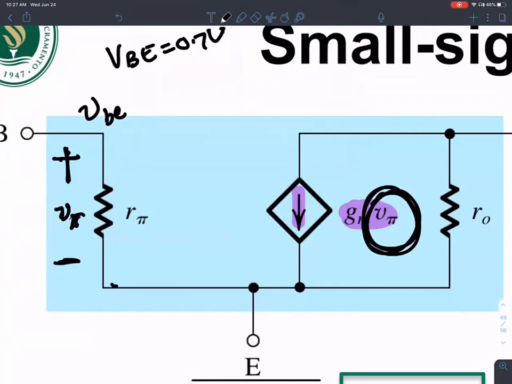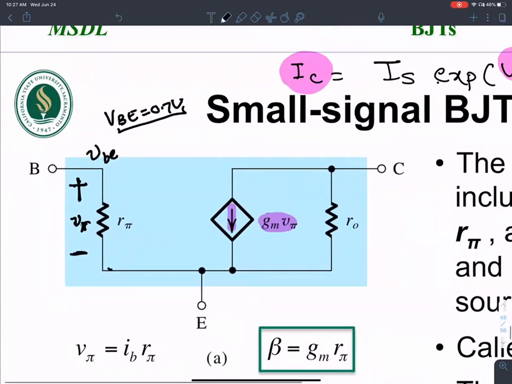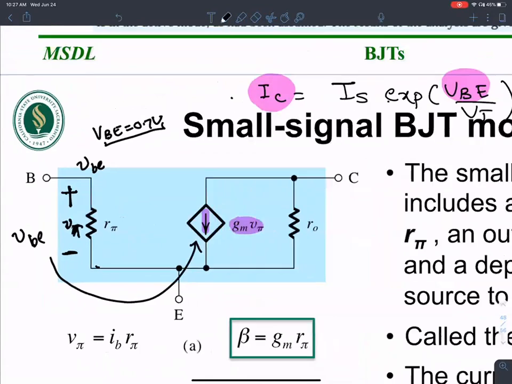This is the signal that is riding on top of the DC bias, a small, teeny tiny voltage signal riding on top of that DC signal. So this is little VBE, the small signal model. When VBE is changed, corresponding to that change, there is going to be an IC that is changing.